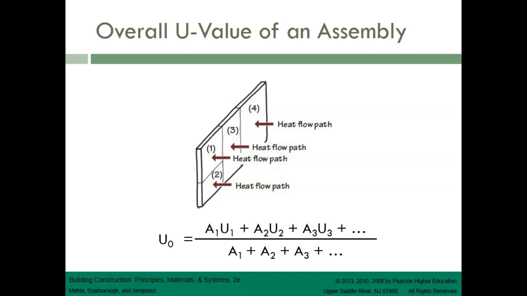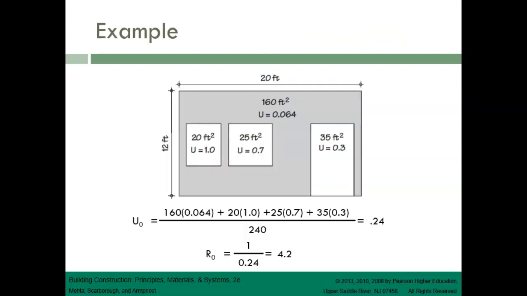Each has a different U value and certainly different R values. So as we begin to look at an assembly or a group of assemblies as a whole, we have to use U value to make the calculation of that assembly's efficiency.